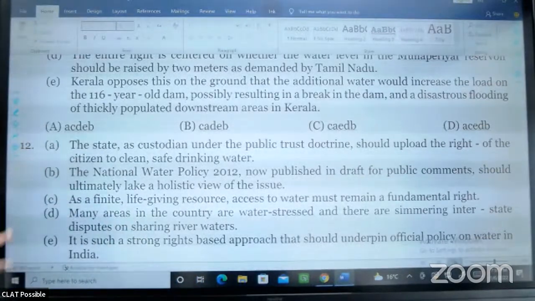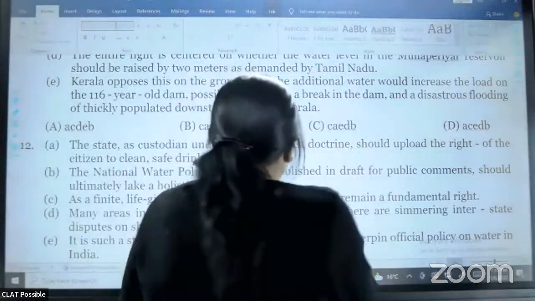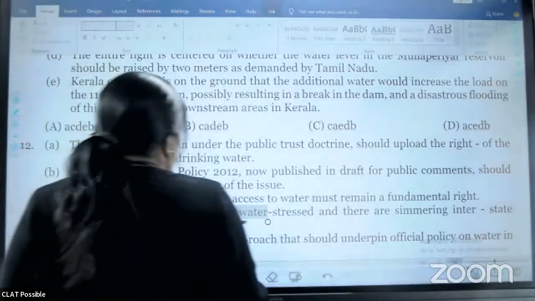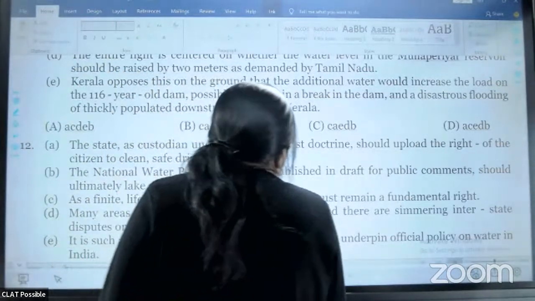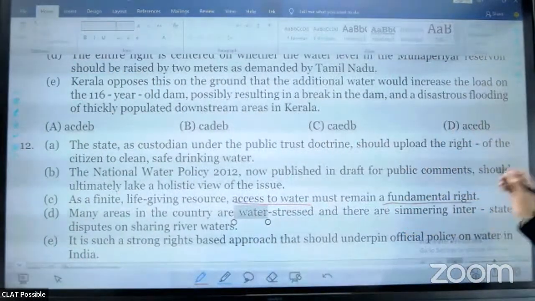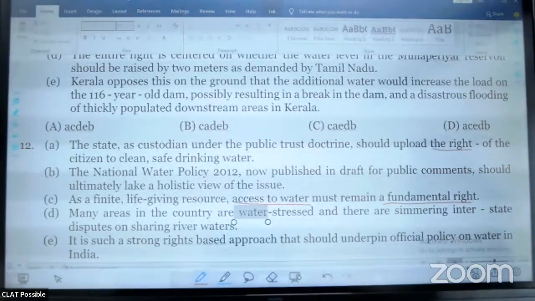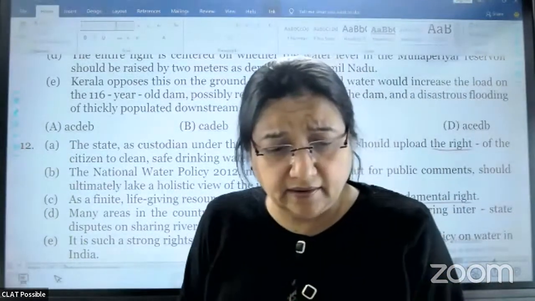All of you in this, have you seen as a finite life-giving resource, access to water? Just 1 minute. Must remain a fundamental right. The right. Do you all see this? I taught you, it is necessary for me to say 'the fundamental right'.